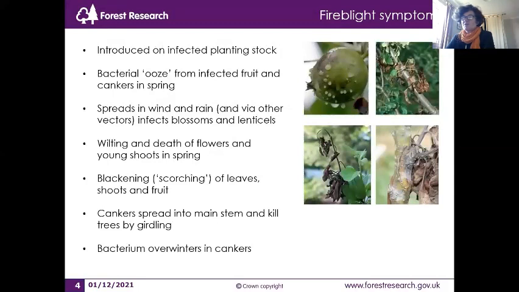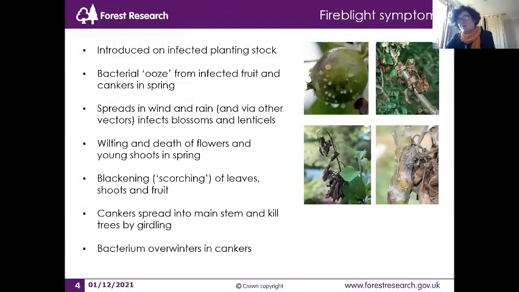The top left photograph shows an immature fruit with whitish droplets caused by Erwinia, the bacterium, which is oozing in these sort of milky droplets, which can be spread in wind and rain. Those bacteria will also ooze out from cankers which have overwintered from the previous season's infections. So it's spread in wind and rain, and also via other vectors such as insects and birds.